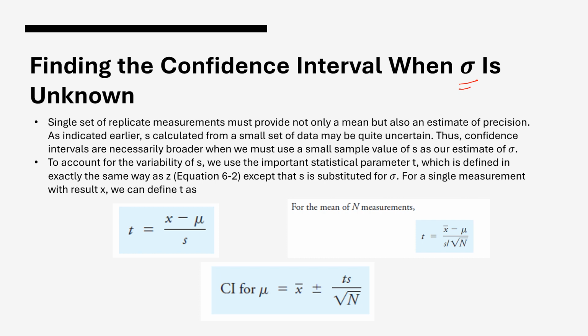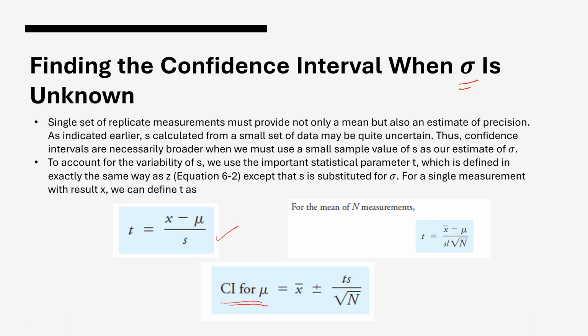So take note, if our population mean is not available, then we can calculate here the confidence interval for our population, which is equivalent to mean, positive, negative, the t value, times the s over the square root of n. So we can get the t value for a single measurement.